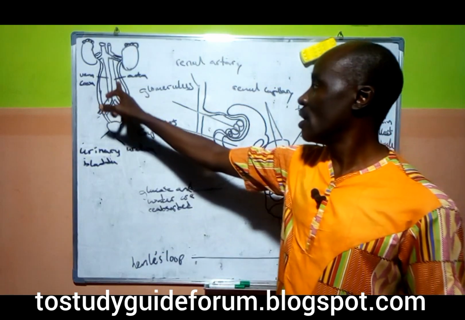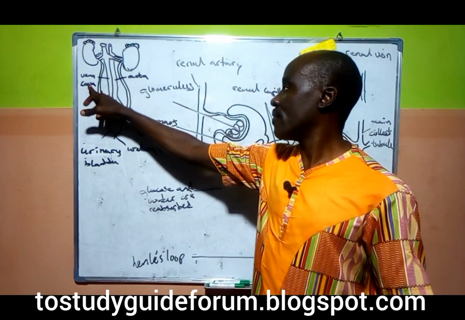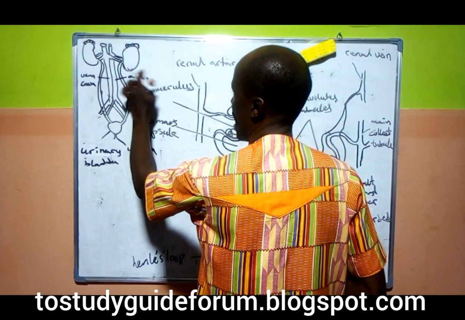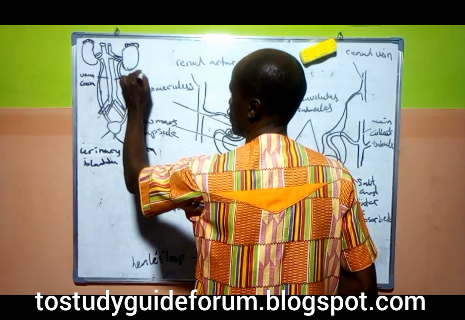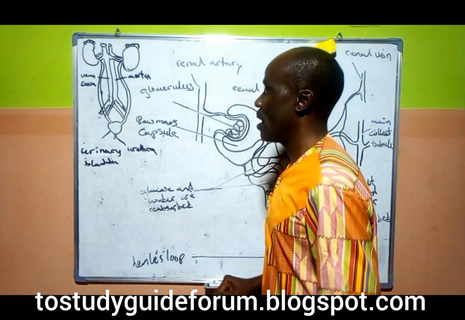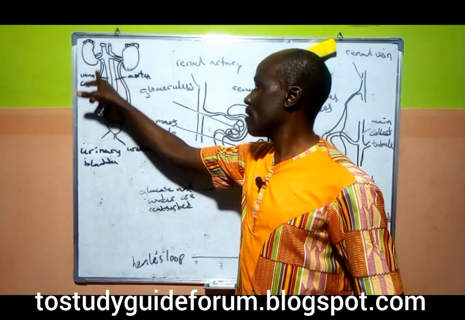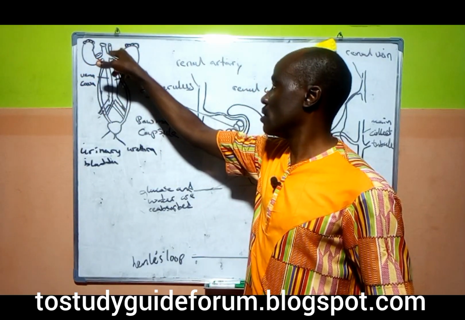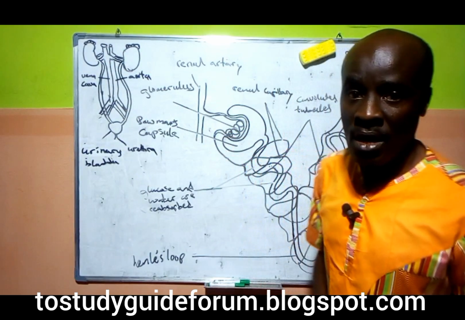So we have the aorta, we have the vena cava, which connects to the renal vein, while the aorta connects to the renal artery.